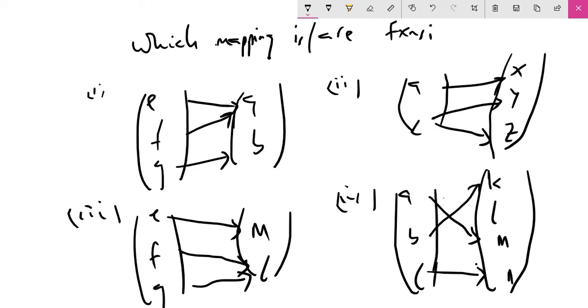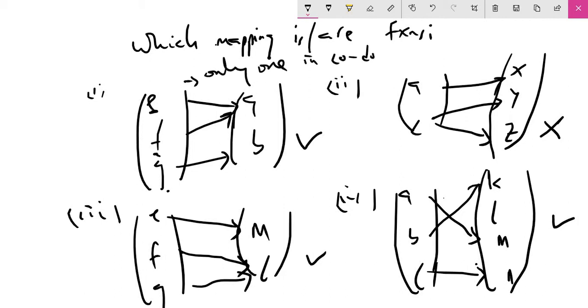So which of these are functions? First of all, I'm just going to check which ones are functions. This is a function, that is a function, and this is a function. But this is not a function. Why? We can see that every single element in the domain gives only one in the codomain.